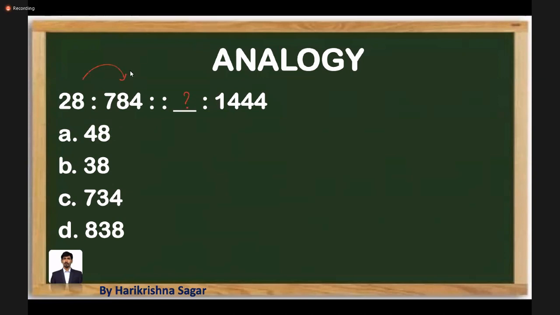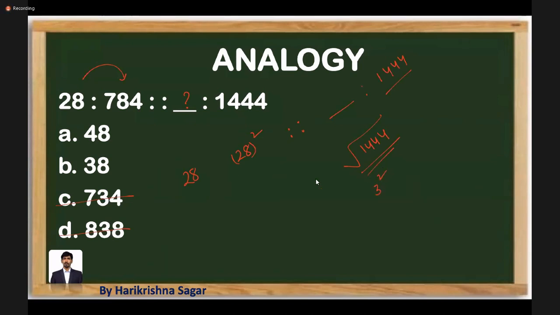28 and 784. 28 and 28 square is given. Then dash will be 1444. So that means this is square of what we have to find out. That means the question mark should be square root of 1444. Square root of a 4-digit number is definitely a 2-digit number. So you can eliminate these two. You can observe this number is 1444.